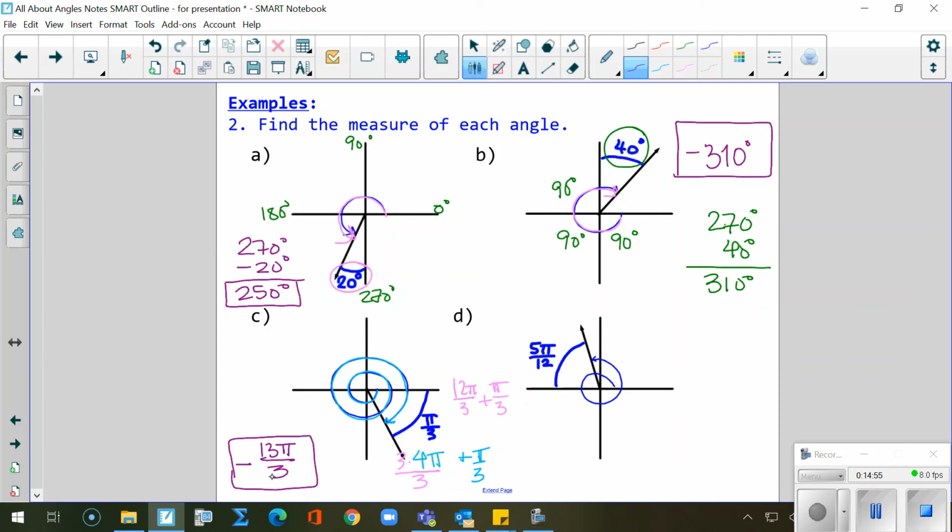One more, and it'll be your turn to practice. This does take some practice, but we are going to be working with angles all the way through trigonometry. So start with a very strong foundation right now.